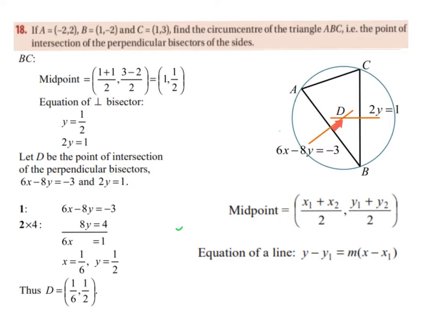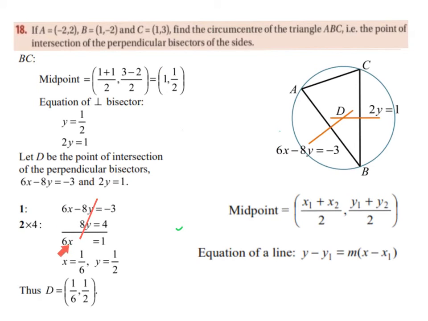So to find the point of intersection, which is the circumcenter of the triangle, we need to solve them simultaneously. So we're just going to write out the first equation, which is 6x minus 8y equals minus 3. And the second equation, 2y is equal to 1, we're going to multiply by 4. So we have 8y is equal to 4. The 8y's will cancel.